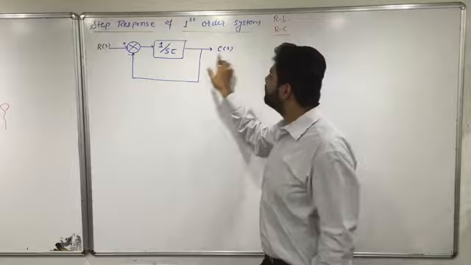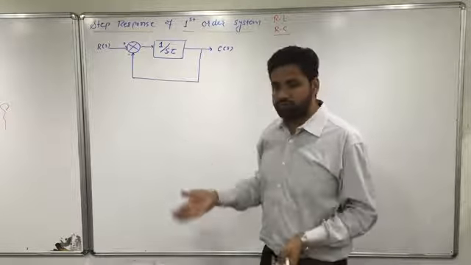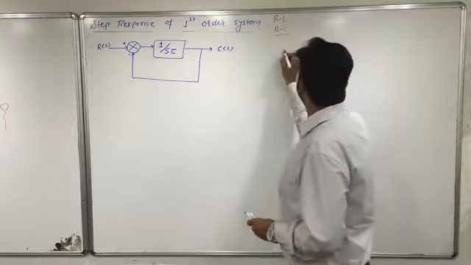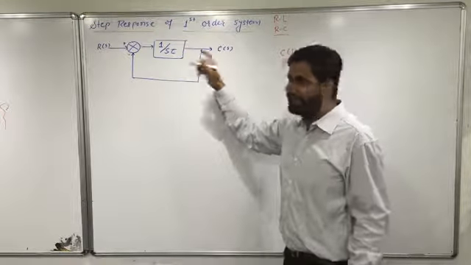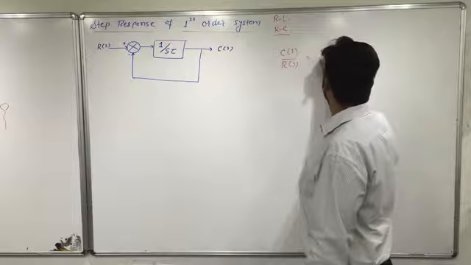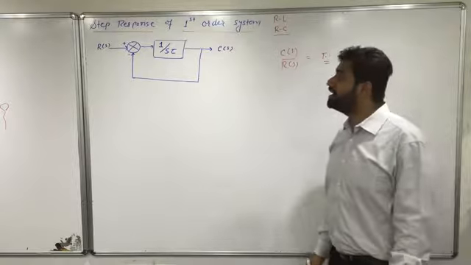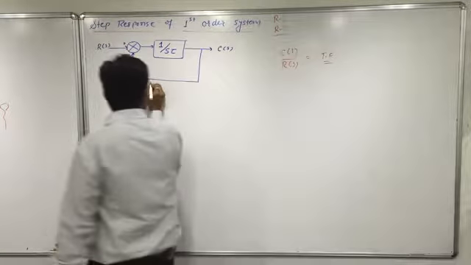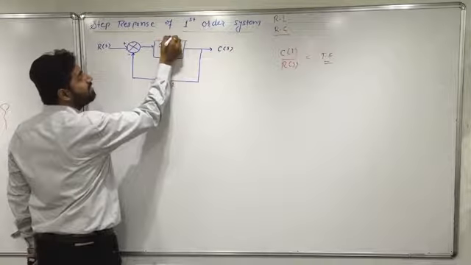So we are getting something in terms of the Laplace transform. I will be finding the entire transfer function, that is C of s upon R of s. The system transfer function will be here. How to find it? H of s here is equal to 1, and G of s is given like this.